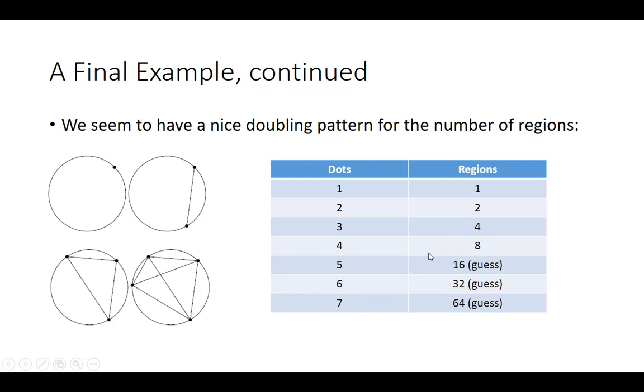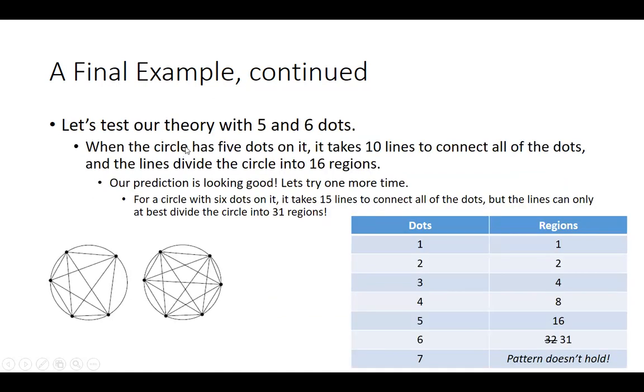Let's see what happens. When the circle has 5 dots on it, it takes 10 lines to connect all the dots. And the lines divide the circle into 16 regions. So our guess was correct for 5 dots.